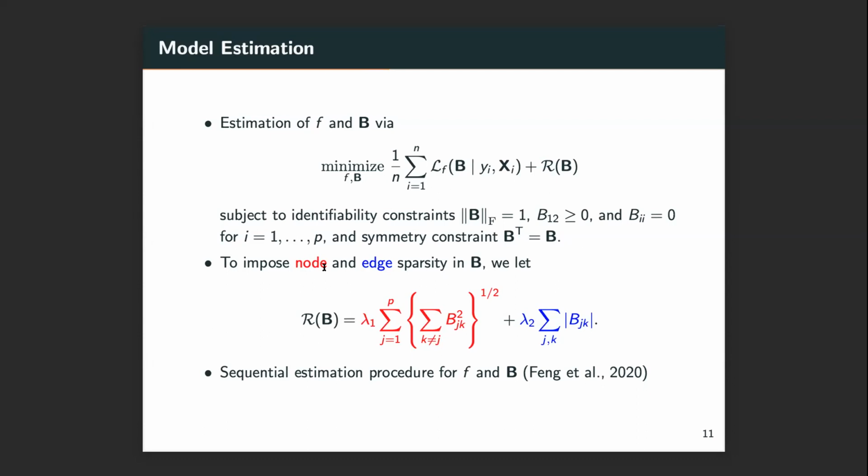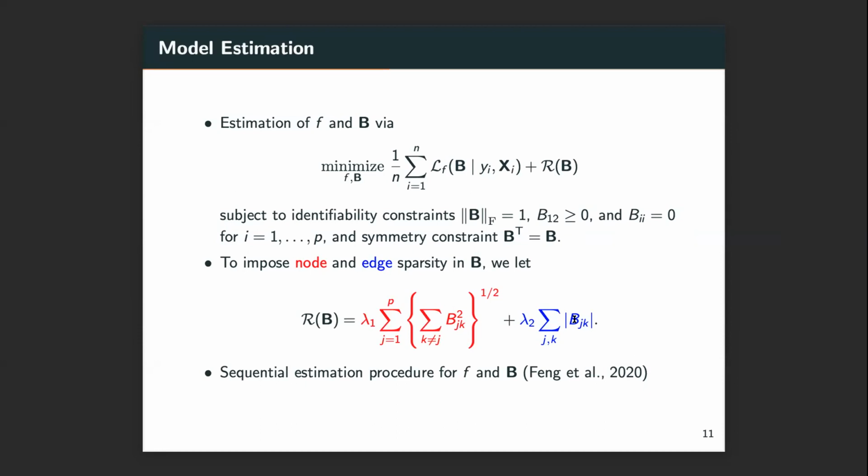To impose that node and edge sparsity, we're going to use this term: R(B) is equal to lambda 1 times the sum of the L2 norms of B. Basically this is imposing a group lasso on the node coefficients, so that the coefficients associated with the nodes are shrunk towards 0 as a group. To perform edge sparsity, we have lambda 2 times the sum of the L1 norms, basically the absolute values of each of the coefficients. In this way, we shrink each edge individually towards 0.